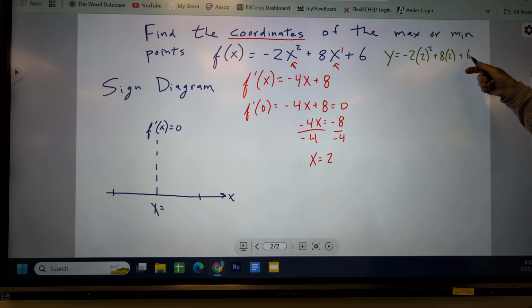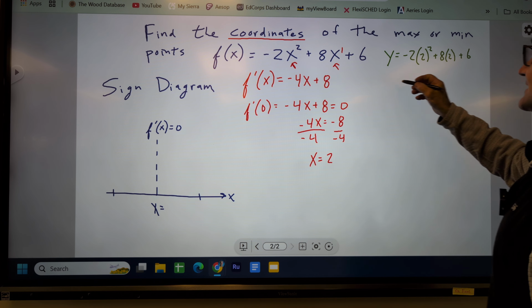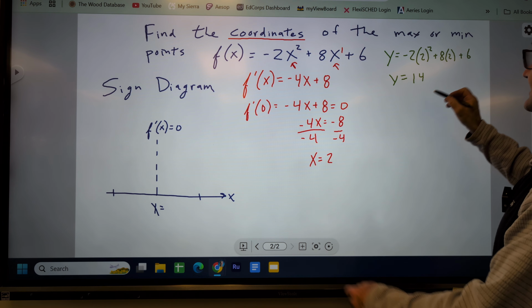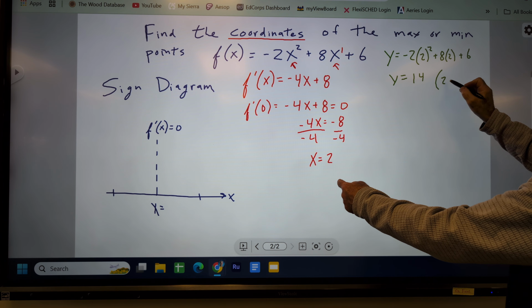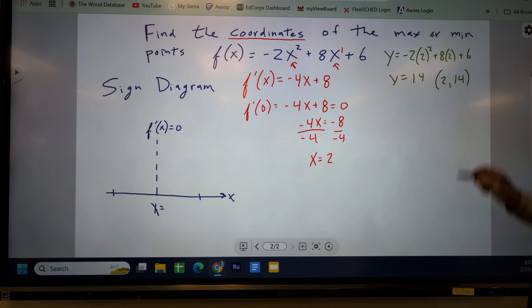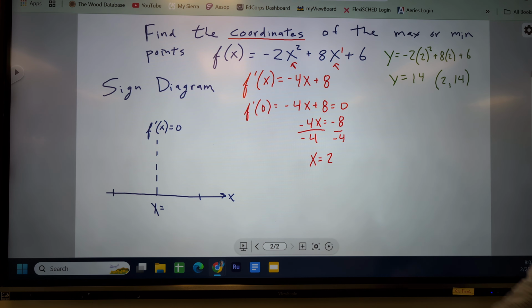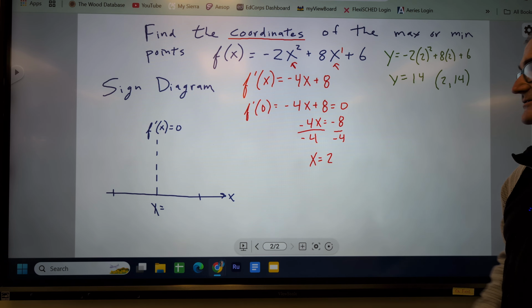Negative 8 and 16 is 8, and 8 plus 6 is 14. So I have the coordinate now, x, y, and I think it's the vertex. I think it's going to be the maximum, but I'm going to double check that with a sign diagram.